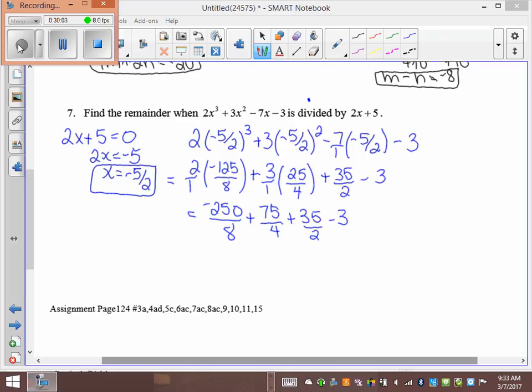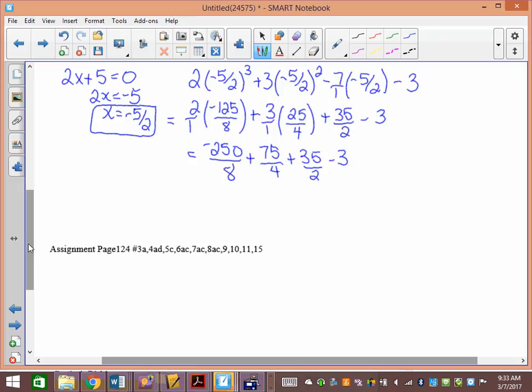minus 3. And if I want to do this properly, I need to get common denominators. So I have to multiply this by 2, multiply this by 4, and multiply this by 8. Because you need them all over 8. No, but why don't you just use a calculator? Because I'm going to do proper math. Okay. Negative 250 over 8 plus 150 over 8 plus 140.